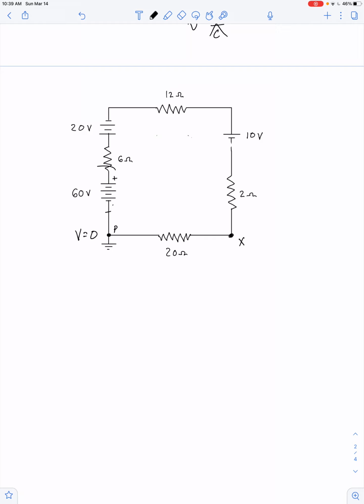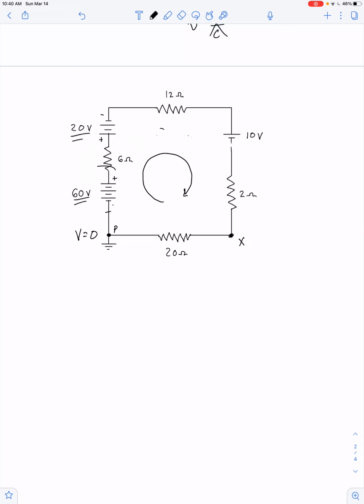Okay, so gosh, let's just guess which direction the current flows. Now it'll be a bit of an educated guess. Look, the 60-volt battery is the greatest potential difference of all, right? And so we would think that in and of itself, it would drive an electric current in a clockwise direction. However, the 20-volt battery has its polarity in the opposite direction.